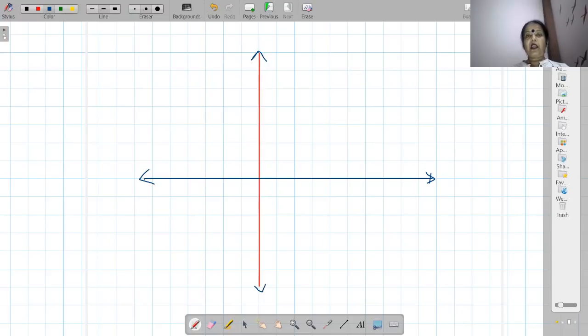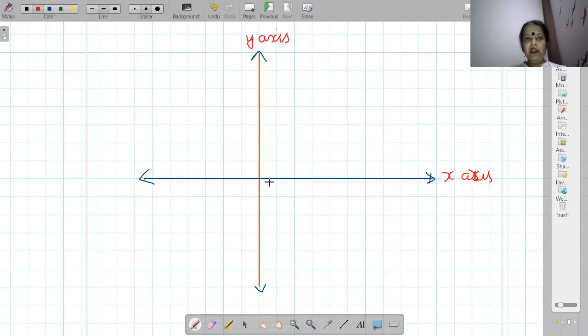Now this horizontal line is called x-axis, and the vertical line is called y-axis.